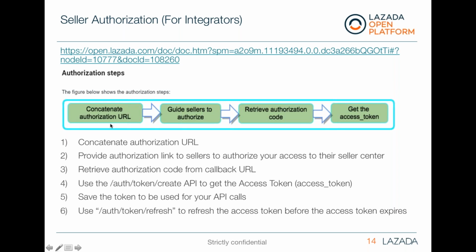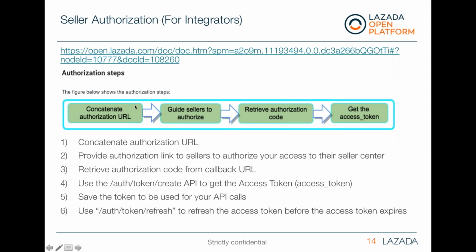Now here you can see that there are 4 steps to complete the seller authorization process. The first step is to concatenate the authorization URL. This URL is unique to your application, because in this URL you will need to configure your callback URL and also the app key of your application.